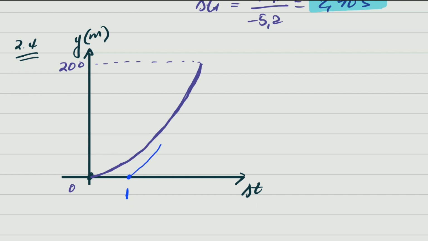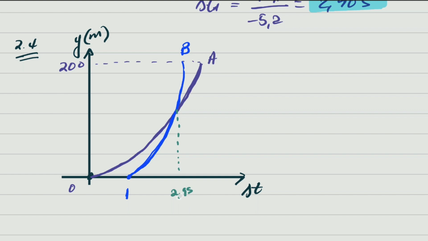So it will move here, they will cross each other at some point and go all the way to the same displacement. This one is for ball B, and this one is for ball A. Now the time that you see here is the time where the balls cross each other, which is 2.9 seconds.